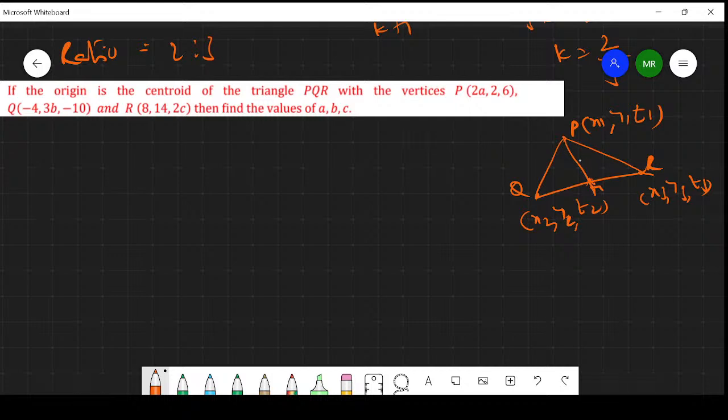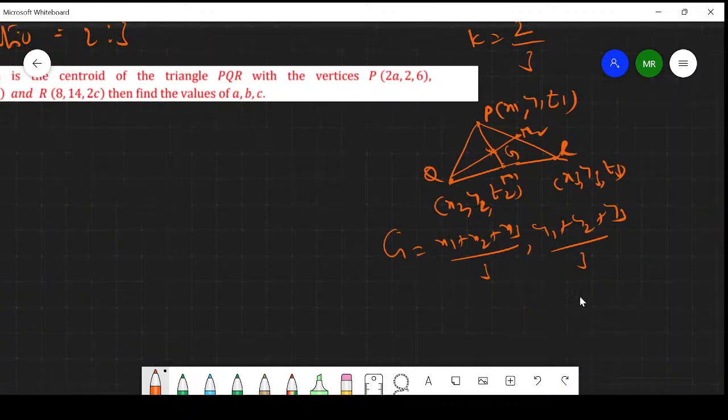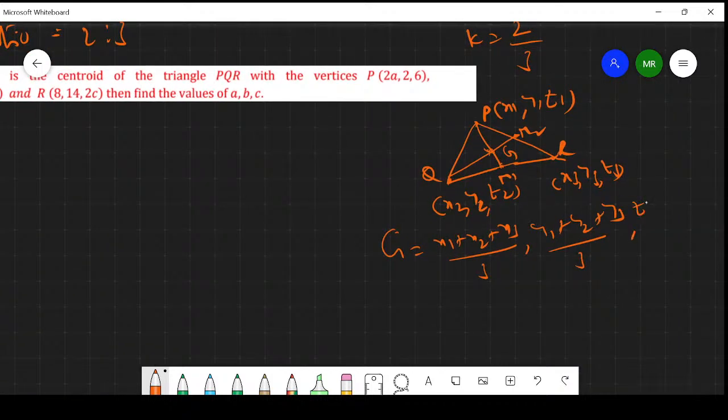This is the median, right? If we take the midpoints, say M1, M2, this is the centroid G. The centroid G, always remember, is x1 plus x2 plus x3 by 3, comma, y1 plus y2 plus y3 by 3, comma, z1 plus z2 plus z3 by 3.